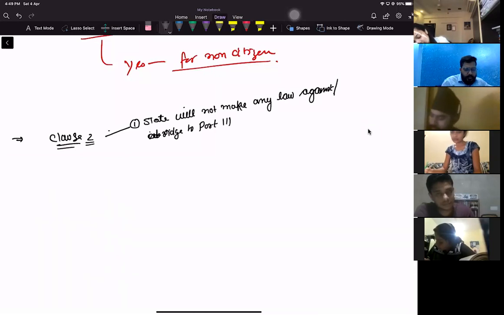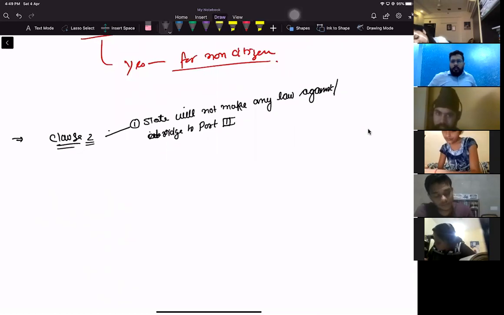This is the general declaration that the state should not be making anything which is abridging the fundamental rights.